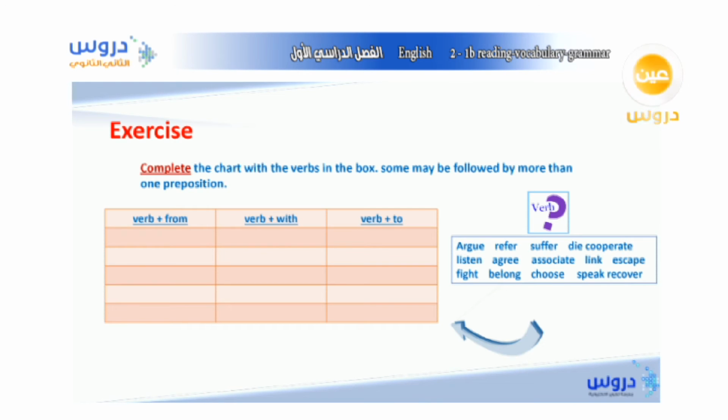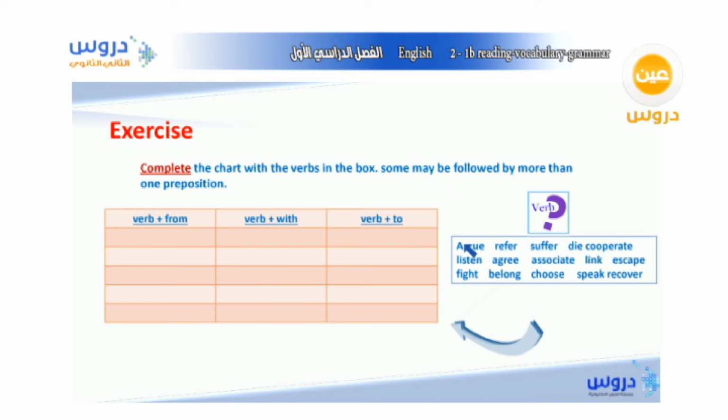So if we jump on from these verbs and prepositions to fill this form, so complete the chart here. We have verbs that take the preposition from, verbs that go with, and verbs that take the preposition to. So we have this chart. We need to complete the chart with the verbs in the box.